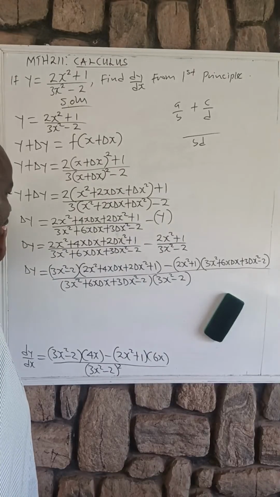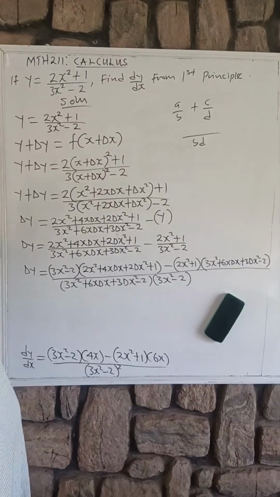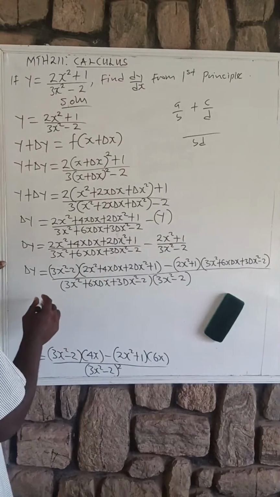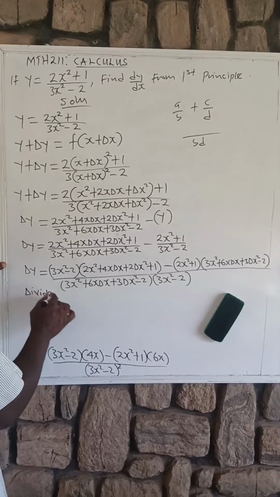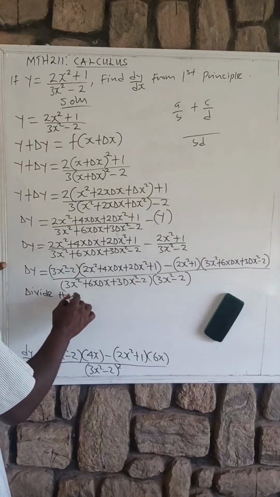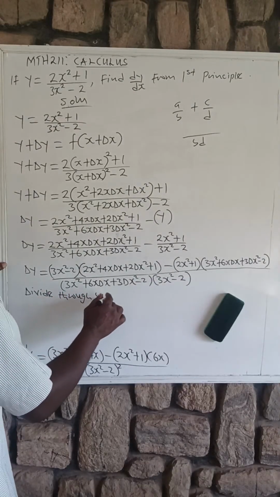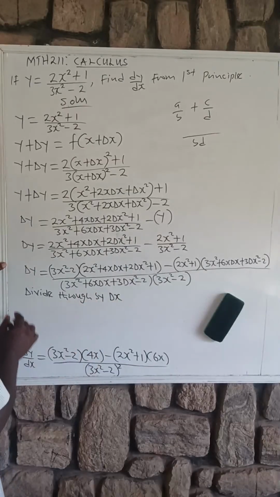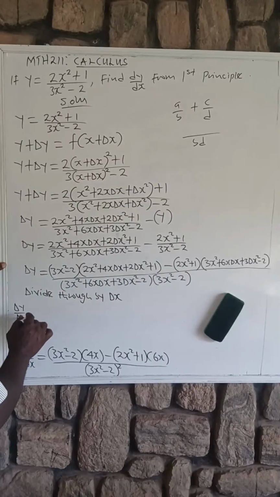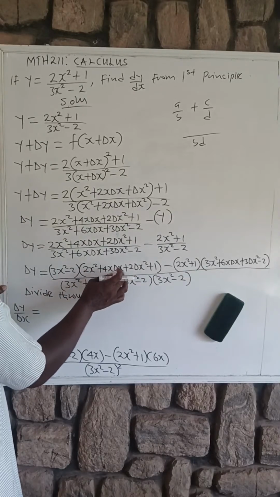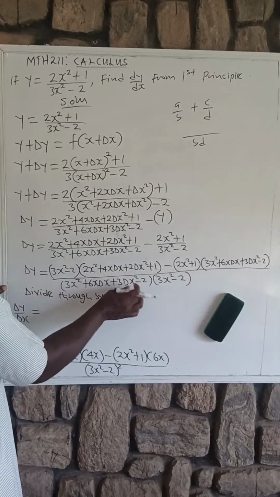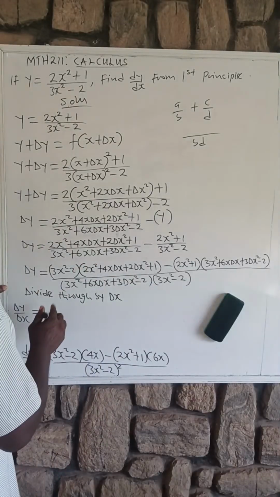When you divide through by dx, then you take the limit. So now we write dy over dx equals to, it will only affect this numerator, it will not affect the denominator. Take note, is that clear? So this is how it will be.